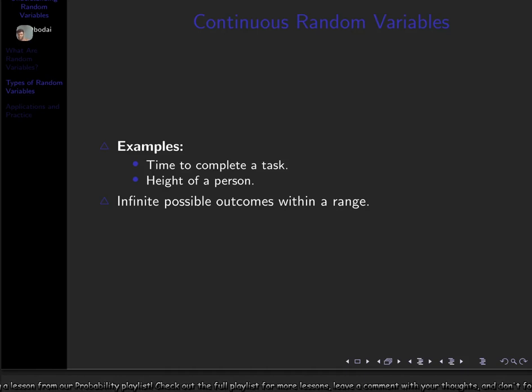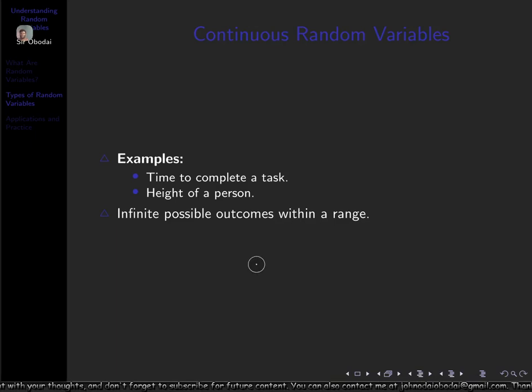That is also definitely going to take a range of values, right? So we say these have infinite possible outcomes within a range. They are infinite. So infinite means we have so many. You see, so within a particular range, there are so many possible outcomes. All right. Okay.